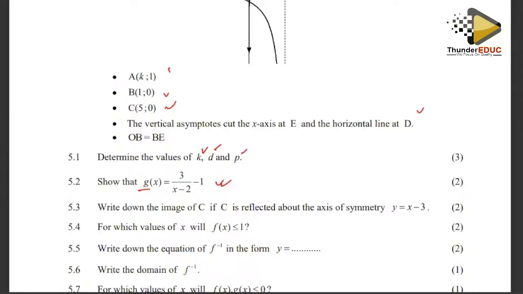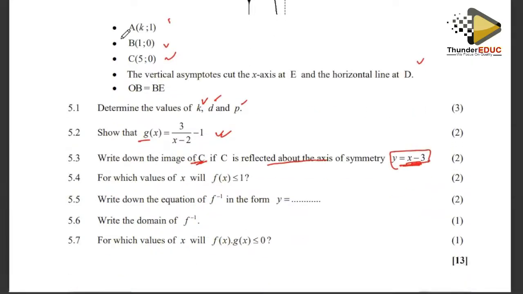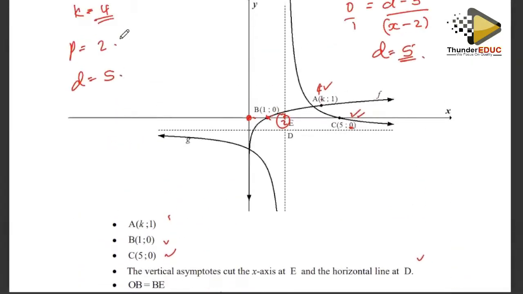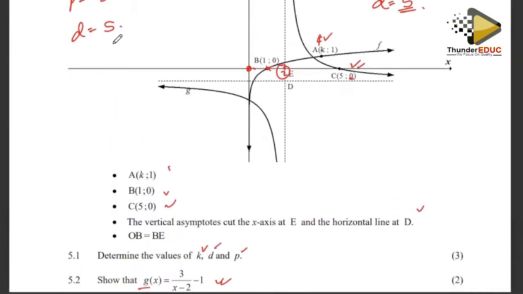Then write down the image of C if C is reflected above the axis of symmetry. Okay, where is C? And the axis of symmetry of interest is the positive one. Oops, it's this one. If this is C, then this is going to be in that other direction.